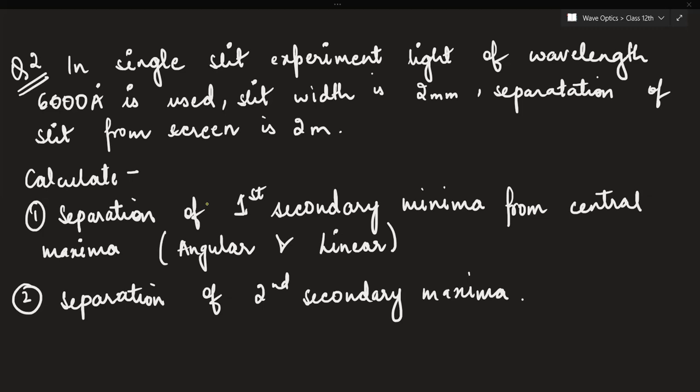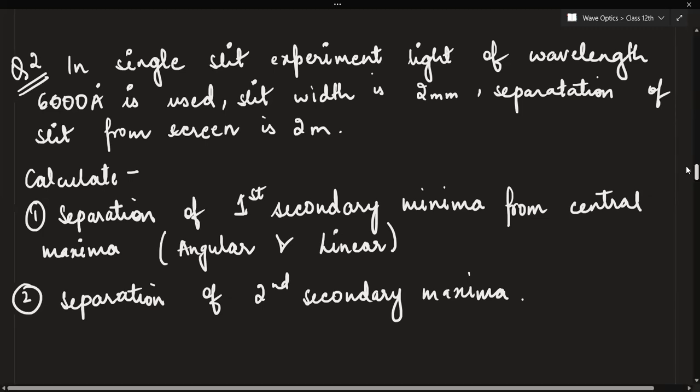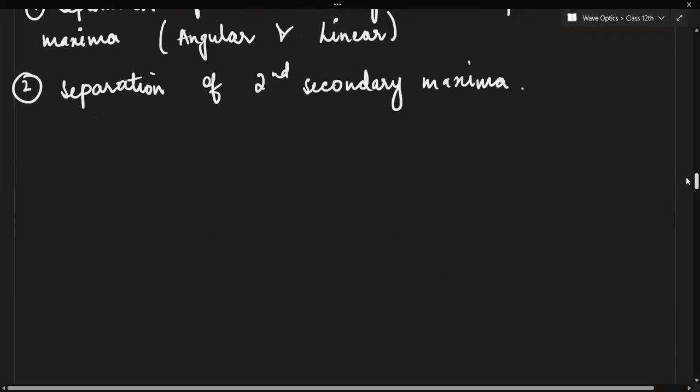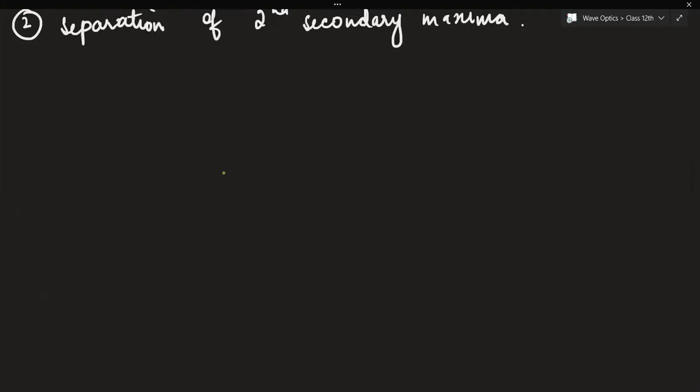The second part is exactly similar to the first part. See here, capital D is given to you as 2 meters. Slit width is 2 millimeter and wavelength is 6000 angstrom. So if you calculate theta n, that is n lambda by a. N is 1, we have to calculate the first one, and wavelength is 6000 angstrom.